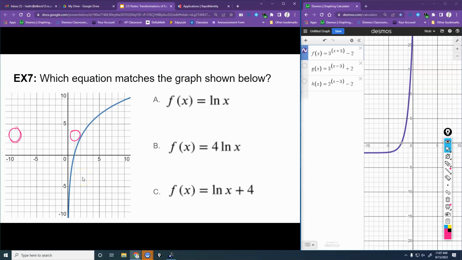All right, now these are the ones kids always miss. So I want you to type these in and pick one for me there. Type those in on example 7 there.